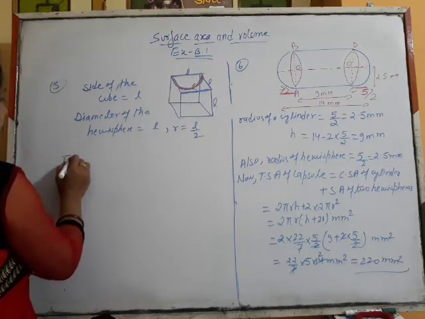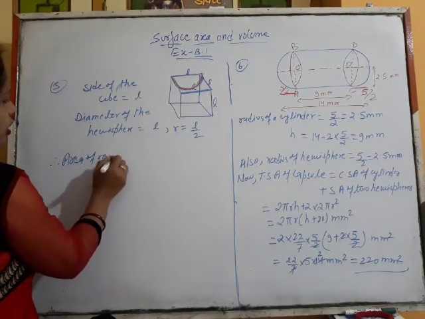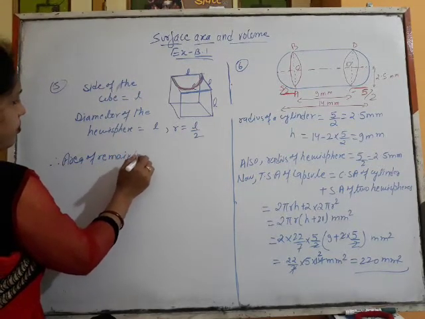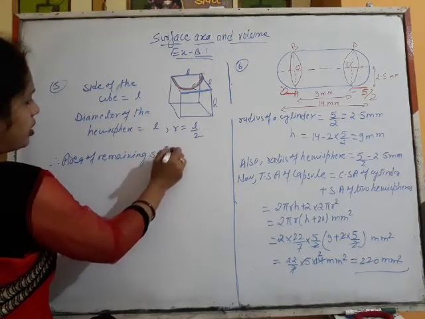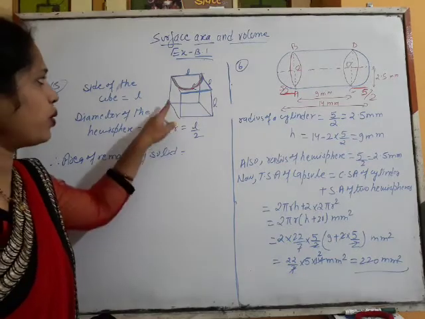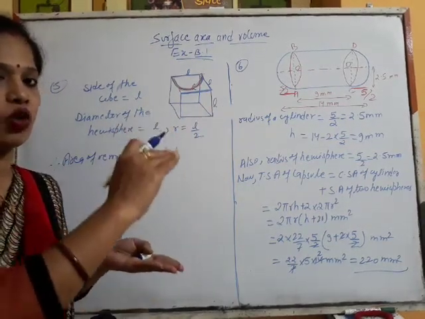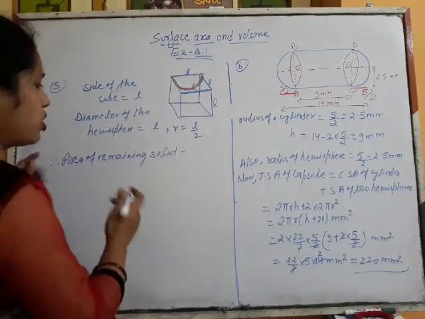Now the total surface area, or we write, therefore, area of remaining solid. Here also two shapes are combined, one is a cube and another one is a hemisphere, but the hemisphere is inside the cube, so that area we have to cut out.